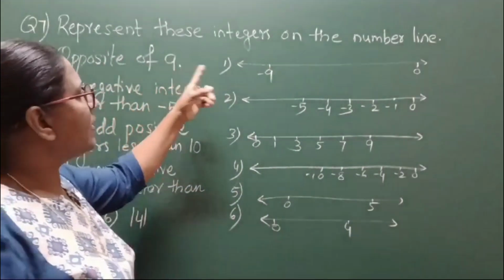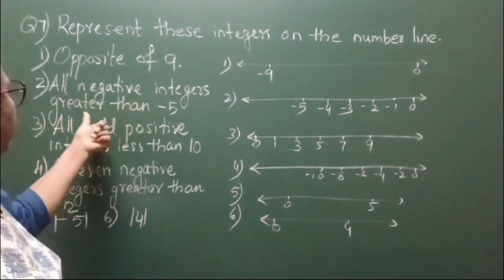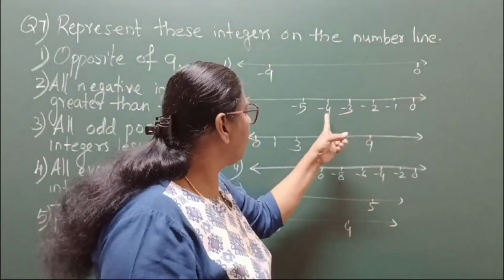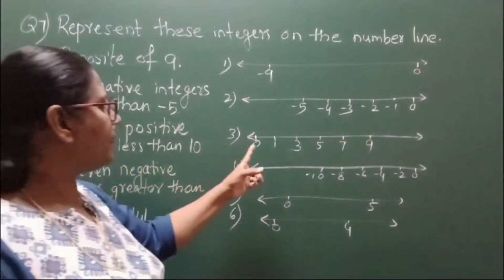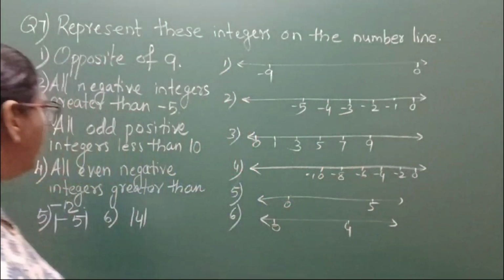Opposite of 9 is minus 9. Negative integers greater than minus 5 are minus 1, minus 2, minus 3, minus 4. Then odd positive integers less than 10 are 1, 3, 5, 7 and 9.